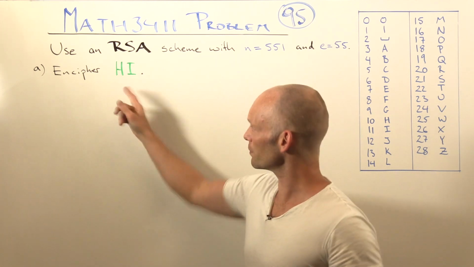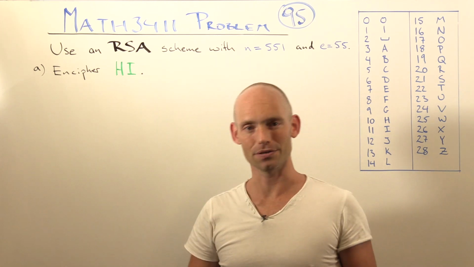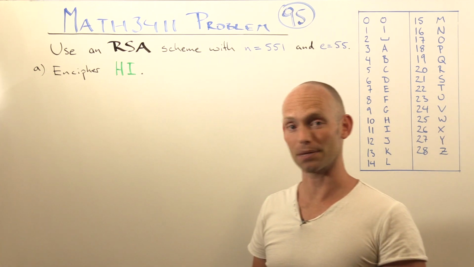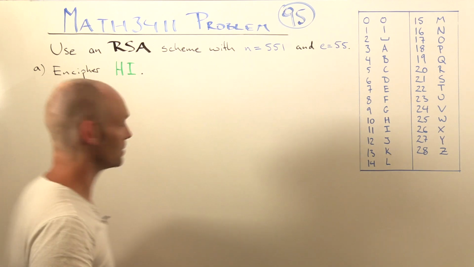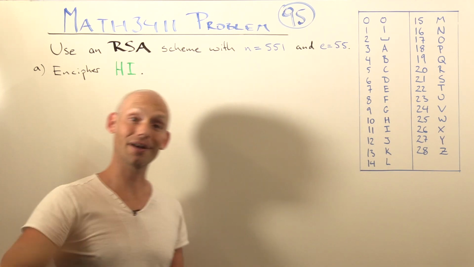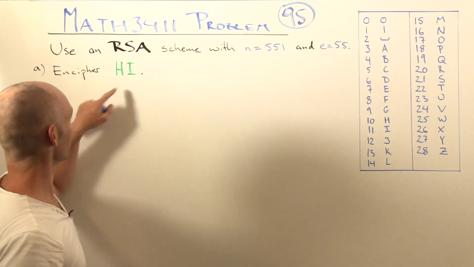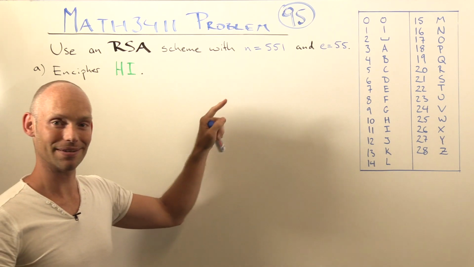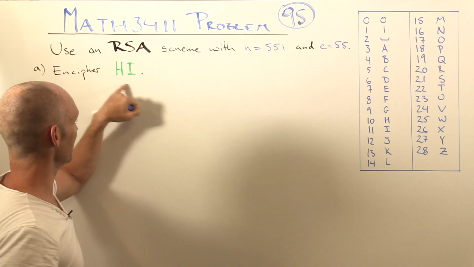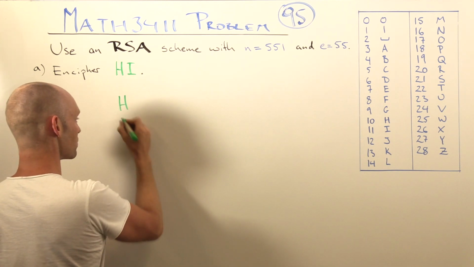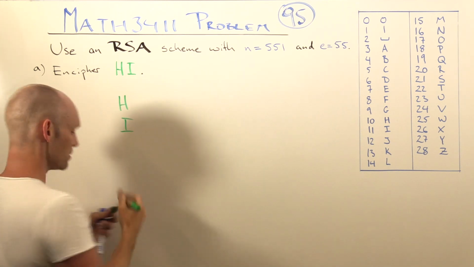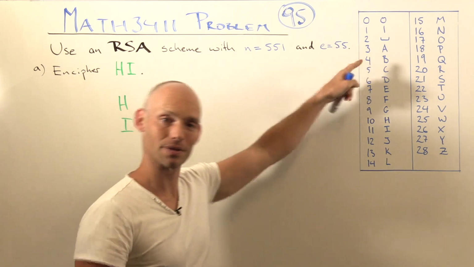So let's encipher a message and then decrypt a message in part B. We are looking at the message "hi", and we have to somehow encrypt it. We've got an H and an I, and we want to encrypt each of those symbols. The way that we're going to do it is use this table over here.